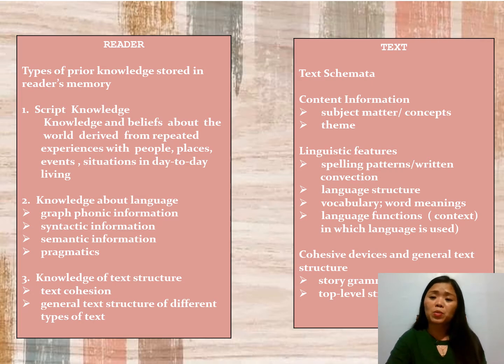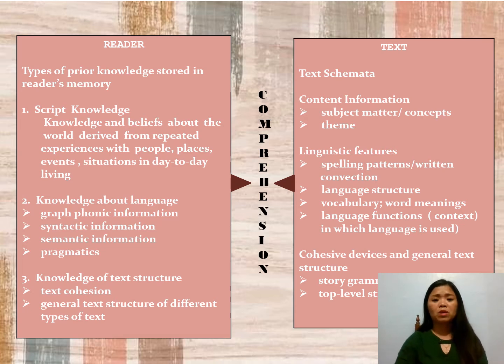The degree of comprehension achieved by the readers is greatly influenced by the degree to which the readers' and the text schemata match. Three types of schemata are crucial for comprehension to take place. As you can see, the figure is about the result of interaction between readers and text schemata.